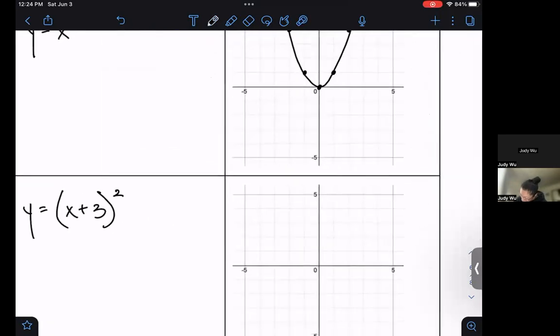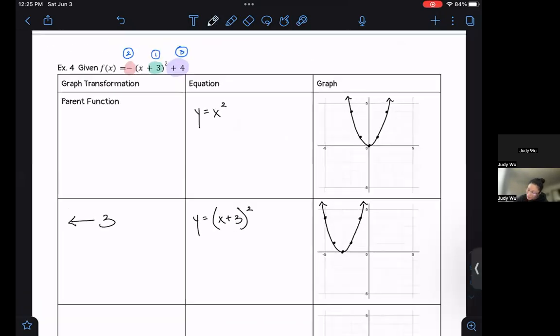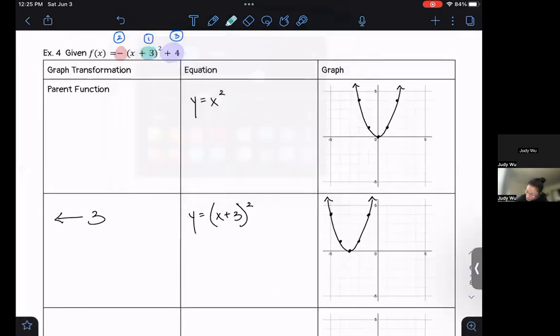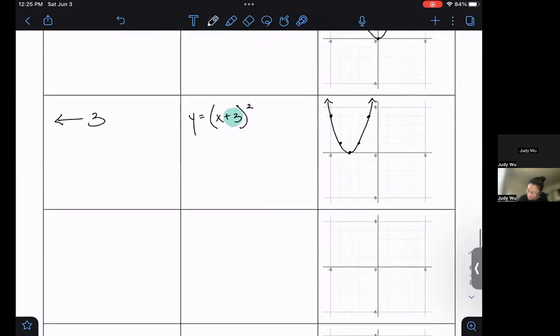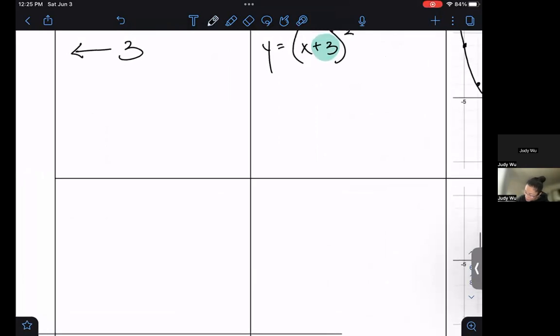So I've got my vertex is now here. I've got this point, and then these 2 that have a y value of 4. And again, we can connect these with a nice smooth curve. And now we have the first step in our graph transformation. Okay. The second step is we are reflecting it over the x-axis, right? And I know that because my equation is now y equals negative (x + 3) squared.